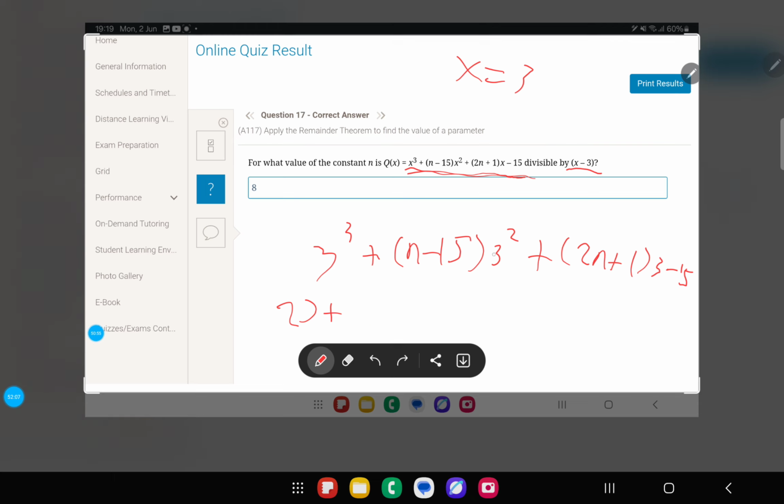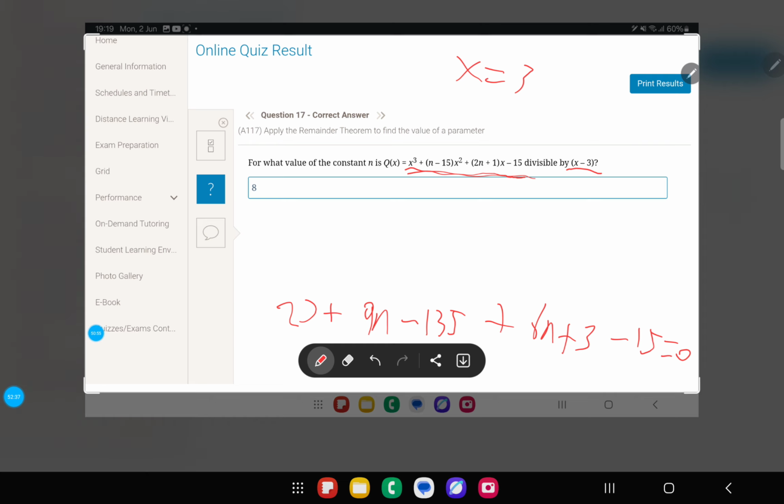Oh wait, my bad. It's 3 squared, so we're going to make 9n times minus 135, since 9 times negative 15 is negative 135, plus 3 times 2n, which is 6n, plus 3 minus 15. All of this is equal to 0.